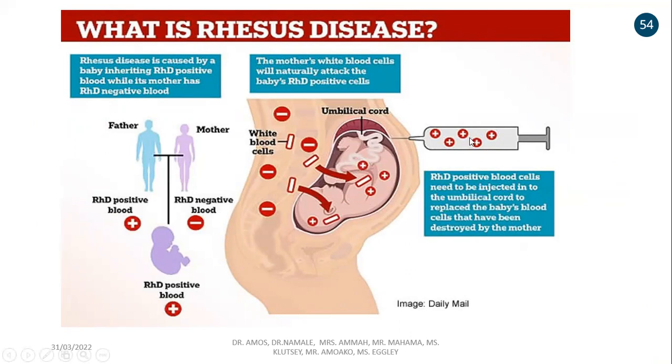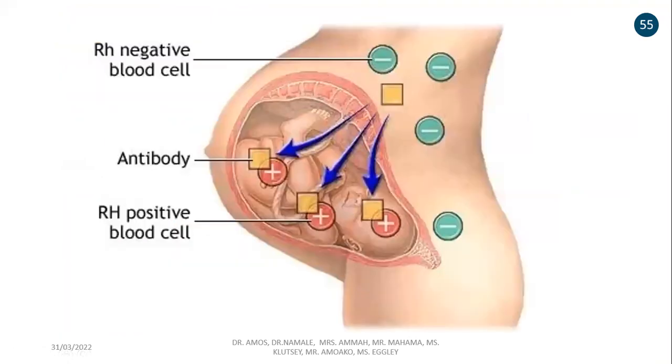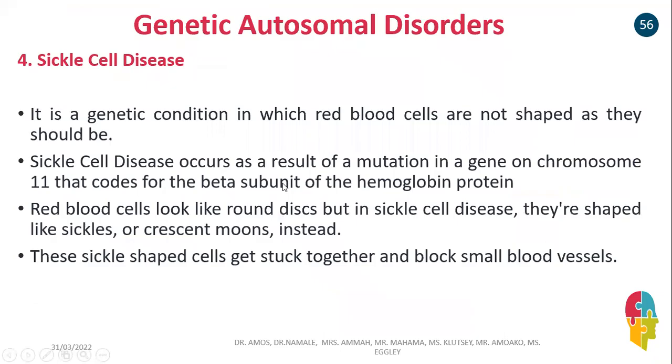So there are injections given to the woman to prevent her body from making these antibodies to attack the baby. That is what is explained here.